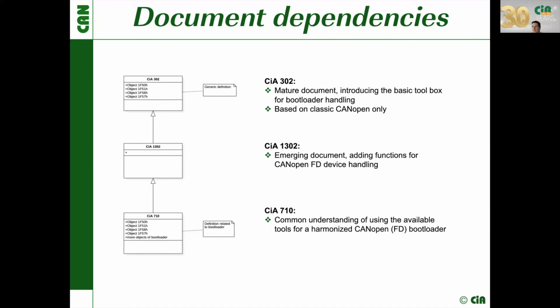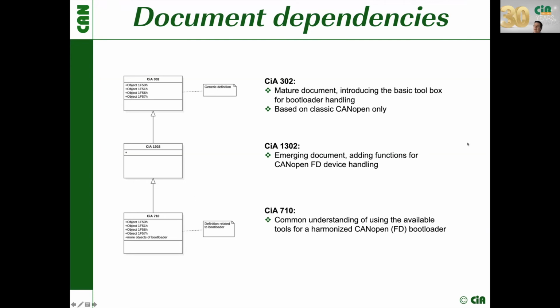We don't want to touch it. It's stable, it's mature, but we want to use it as a toolbox and clarify how to use these tools in a harmonized way. And we extend or adapt this toolbox also according to the needs from 1302, the upcoming CANopen FD document for network management and so on.